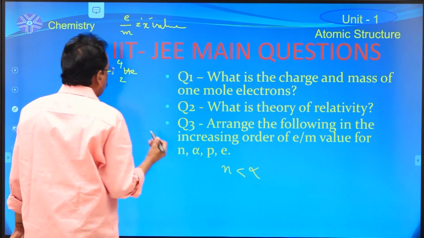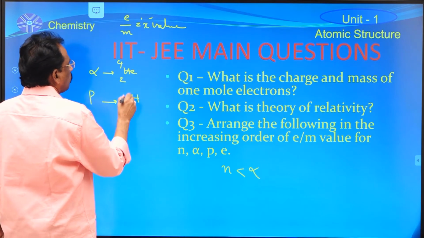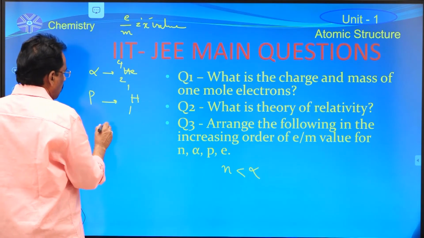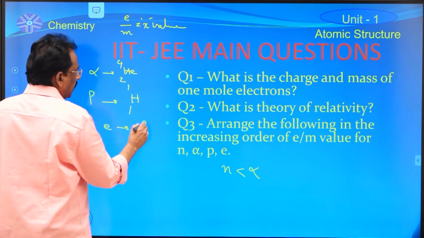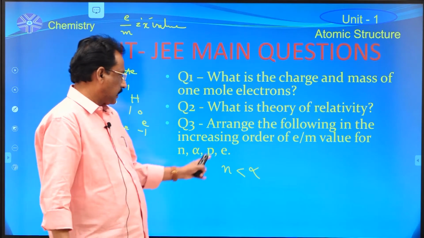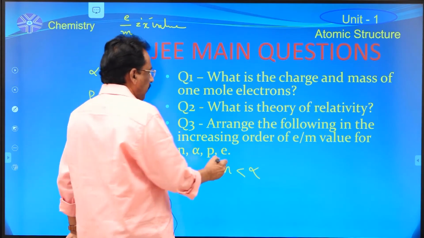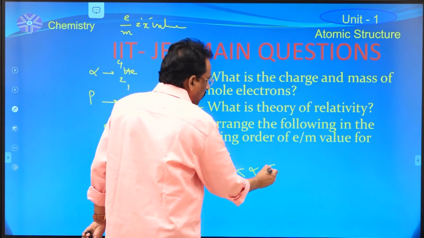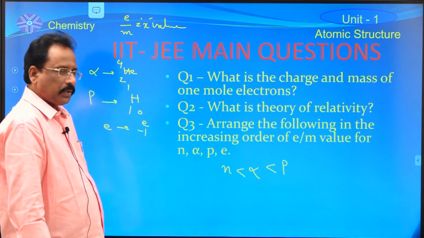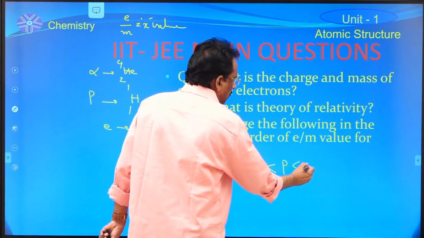Now, among these two, the proton is represented like this, protium 1H1, and the electron is represented like this, and that means among these two particles the electron mass is very negligible. That is why among these two particles the proton possesses a lower specific charge value than the electron.